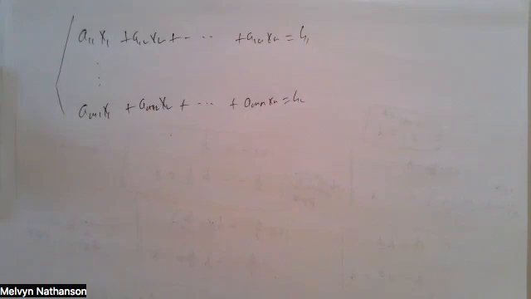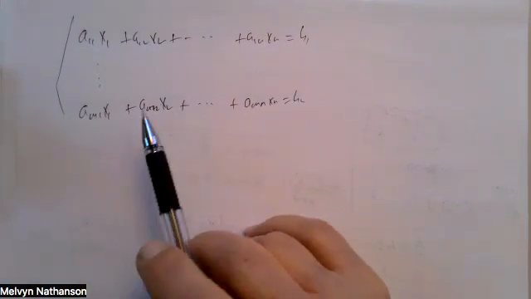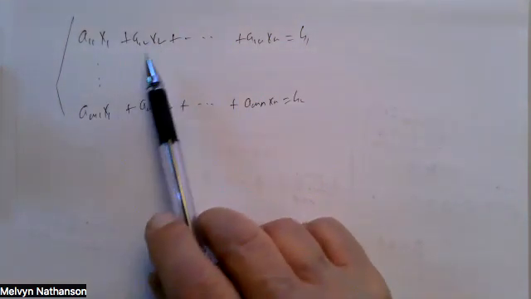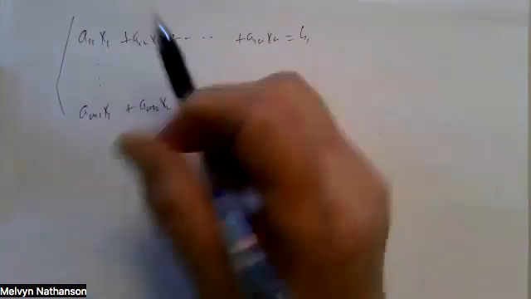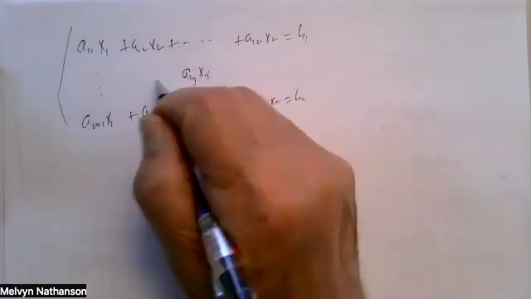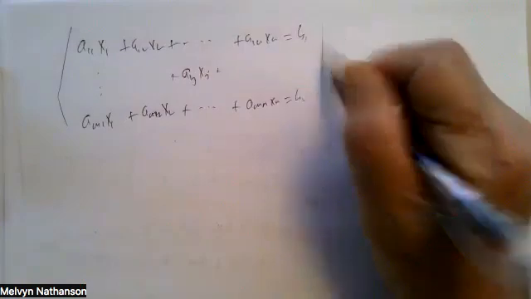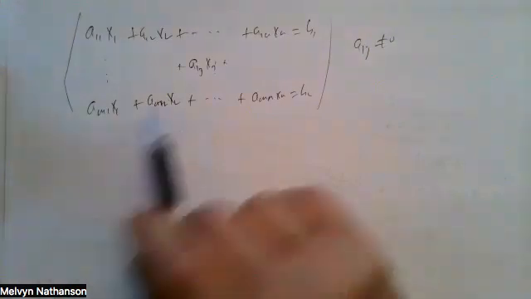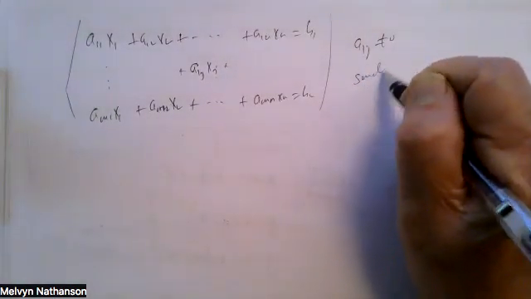If all the a's are 0, there's no solution, or everything is a solution. So if some coefficient aij is non-zero, find the smallest index j such that xj occurs in some equation with a non-zero coefficient. So somewhere you have aij xj, and aij is not 0.